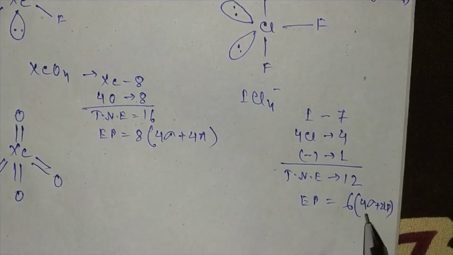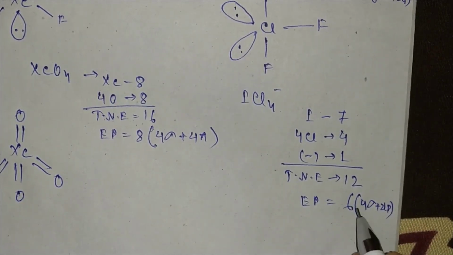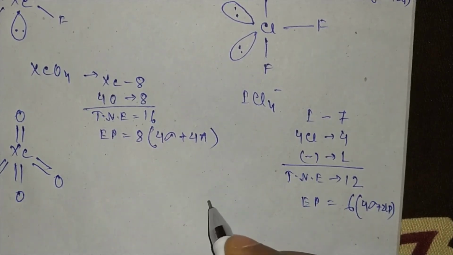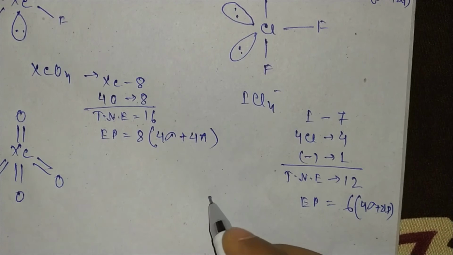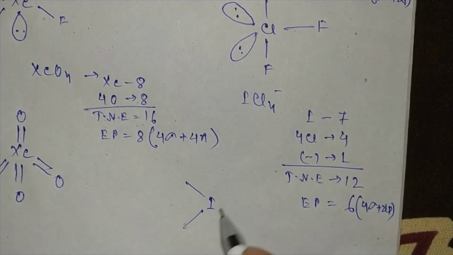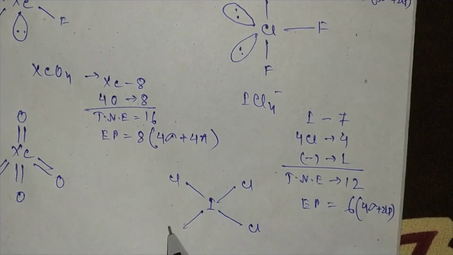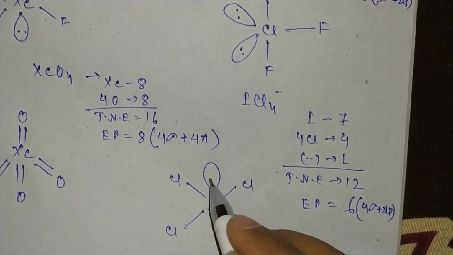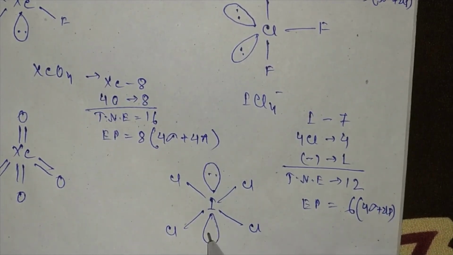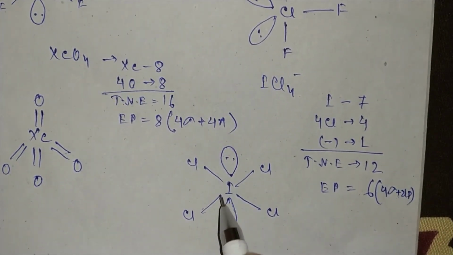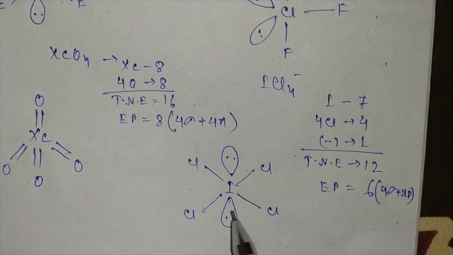So here total number of electron pairs equal to 6. So hybridization will be sp3d2. Structure will be octahedral. Two lone pairs will occupy the axial positions to reduce the lone pair repulsion, because they will be at 180 degree position here.